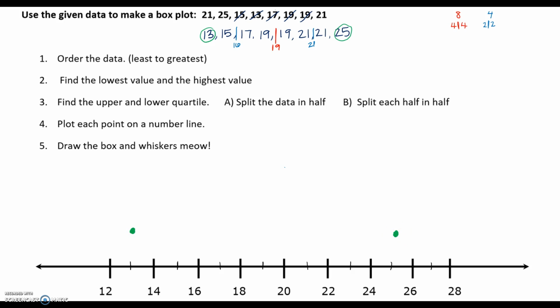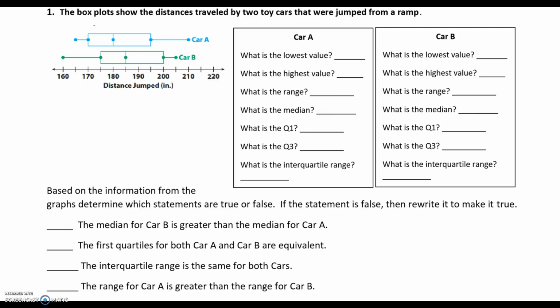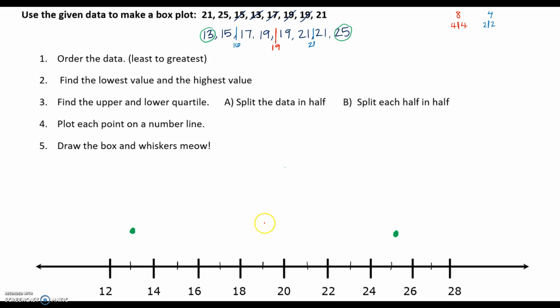Okay, so now everybody get your red colored pencil and you're going to do your median. So I'm putting my median in red at 19. So I'm going to draw a line up and down. That's my median, right?